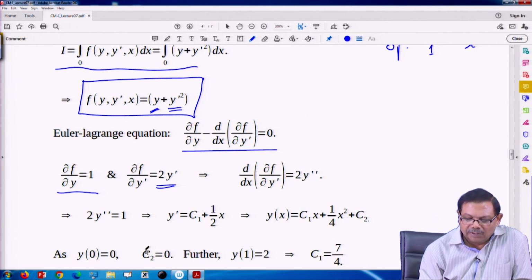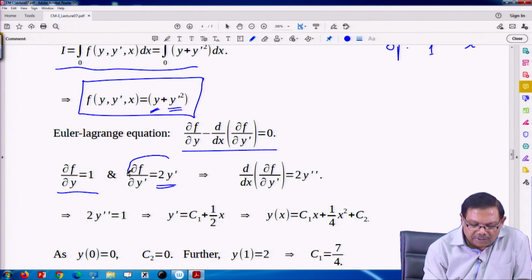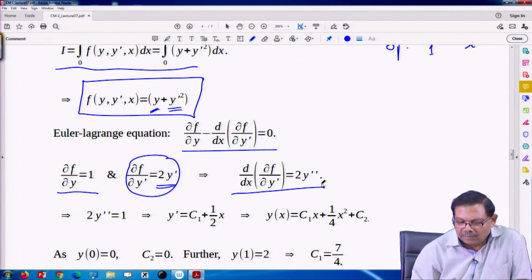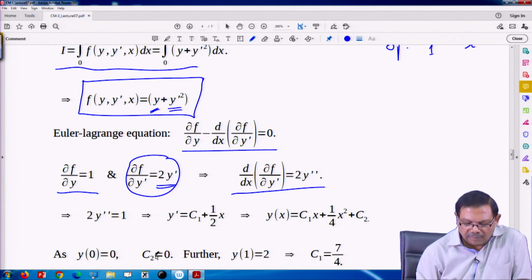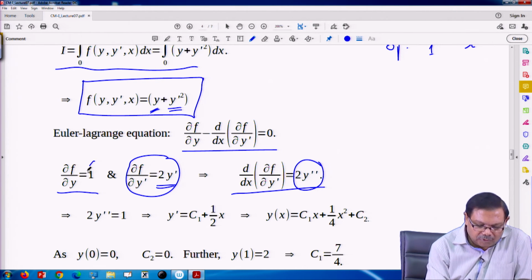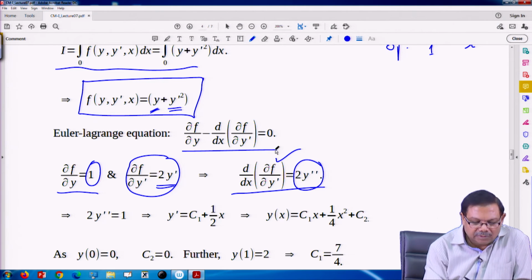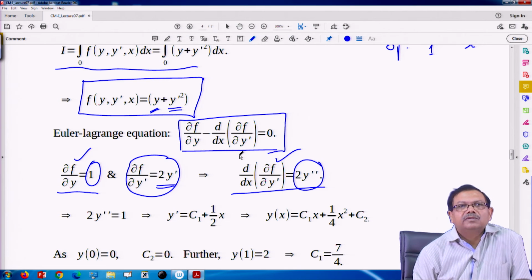Now we have to take d dx of dou f dou y prime, and that is what is done here: 2 times y double prime, the second derivative of y with respect to x. So, the Euler-Lagrange equation gives me 2 y double prime equal to 1. We have to equate these two terms, that is the Euler-Lagrange equation.